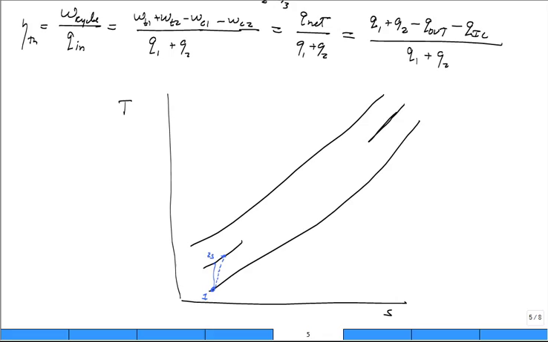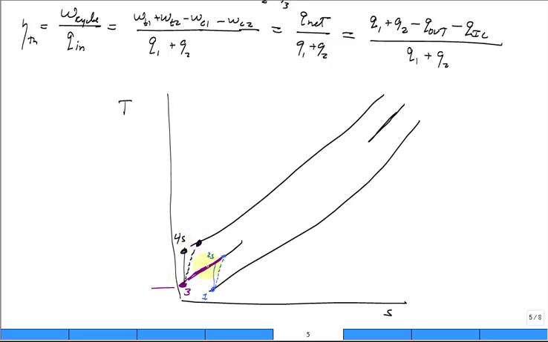It cools at constant pressure, and it could come down as low as that same temperature right there. That would be state 3. You put it through the compressor to the highest pressure. That would be 4s, and if there are some irreversibilities, 4 actual.